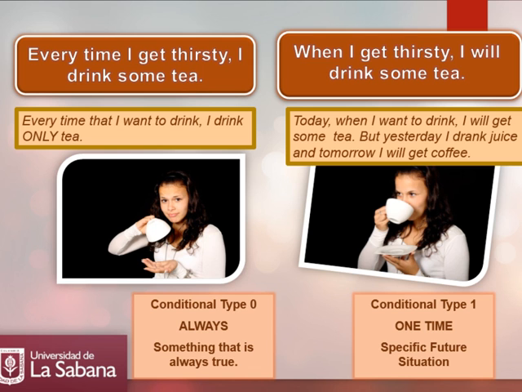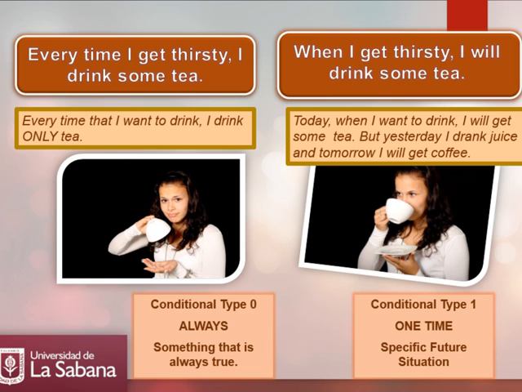Now let's take a look at the second sentence. When I get thirsty, I will drink some tea. We are referring to a specific situation. We are talking about something that will happen in the future and will happen only one time. This time, today, when I want to drink, I will get some tea.